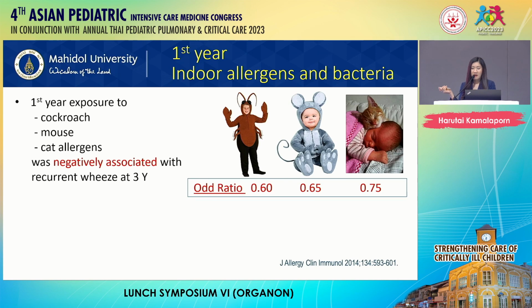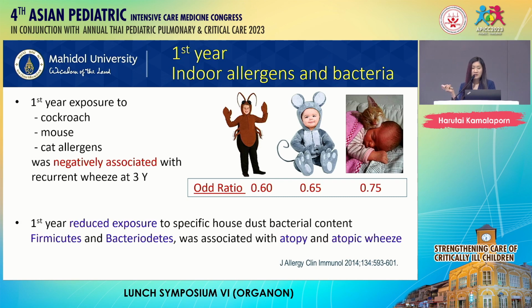That means if you are exposed to these three things, these sinky things, you may have less probability to have allergy or asthma. The first-year reduced exposure to specific bacteria such as Firmicutes or Bacteroides was associated with atopic wheeze.